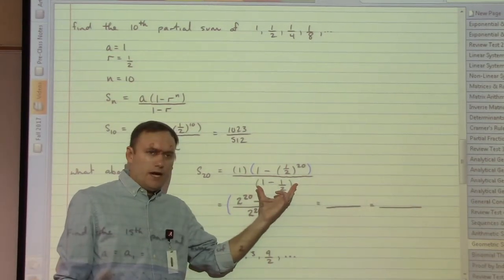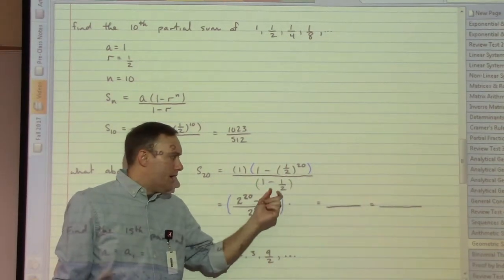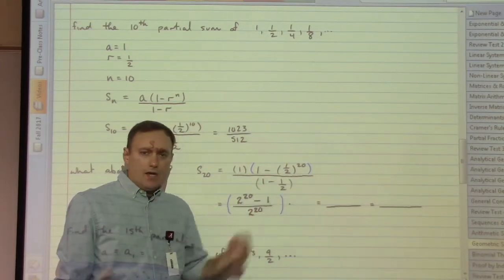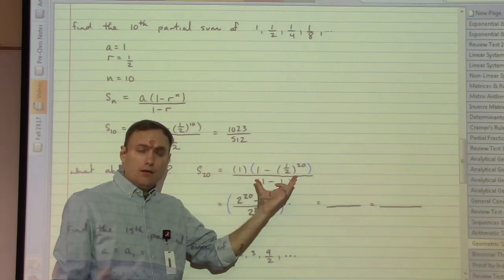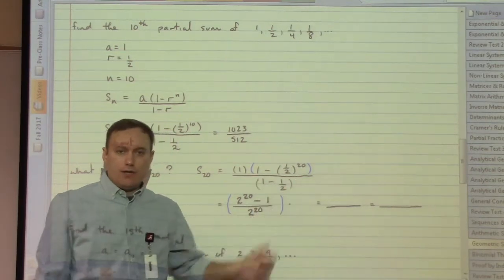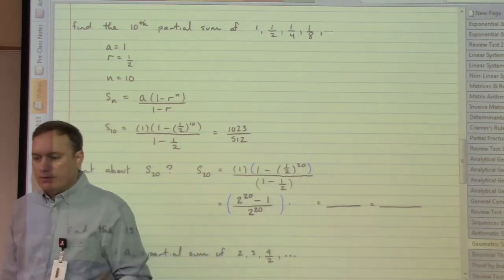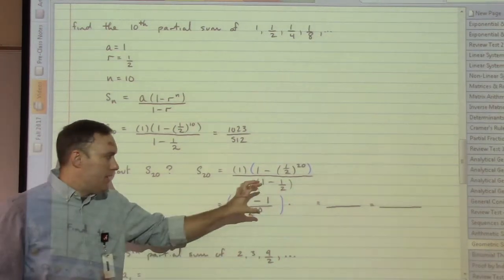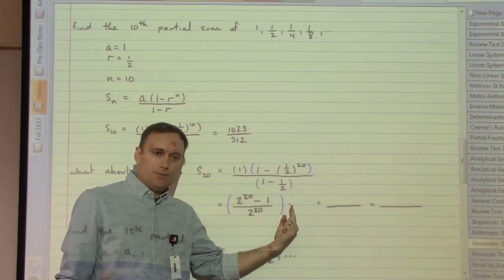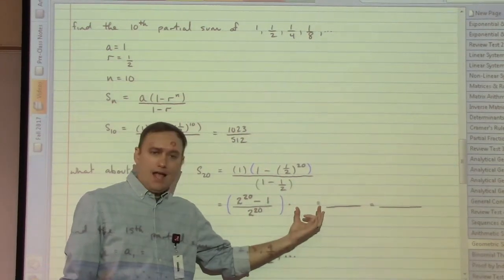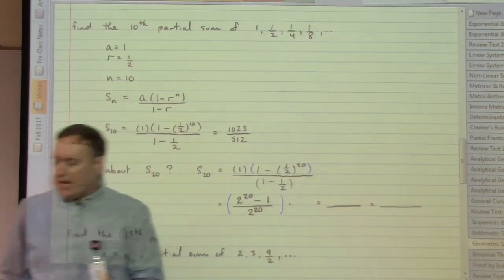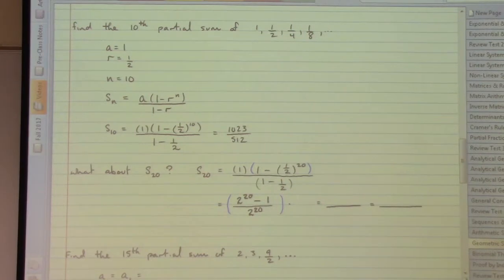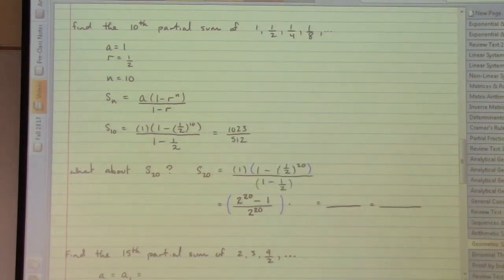The stuff here in green, color-coded for a reason, that we're going to get 1 minus 1/2, that's 1/2. Because we're dividing by a fraction, that really is multiplying by the reciprocal. Keep, change, flip. Keep, change from a division to a multiplication, flip that 1/2. Well, in green, I'm going to write the reciprocal of 1/2, which would be, and I'll just go ahead and keep it literal, 2 over 1.